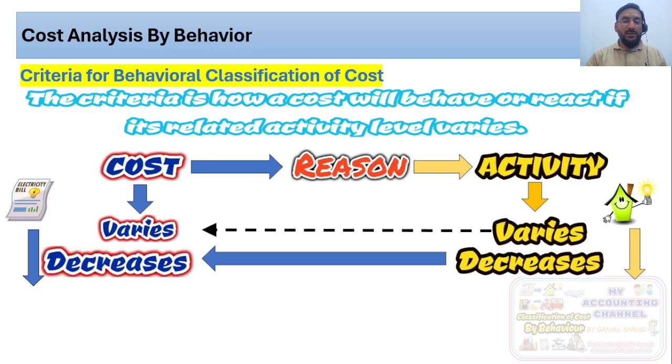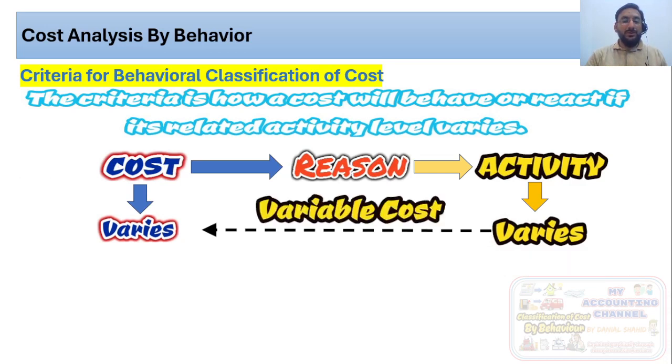So such a cost that varies due to variation in the activity, meaning by increase in the activity the cost increases, and by decrease in activity the cost decreases, is called variable cost.